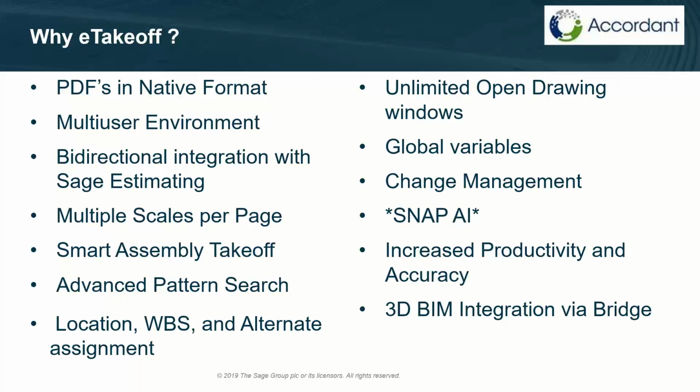The SnapAI is really a pretty big deal. It's a patented technology that eTakeoff has developed, and SnapAI actually looks into the PDF file and looks for vector data. I'm going to talk a little bit more about that in a minute. Most of these applications that load drawings and convert them to TIFF, there's no data associated with it.